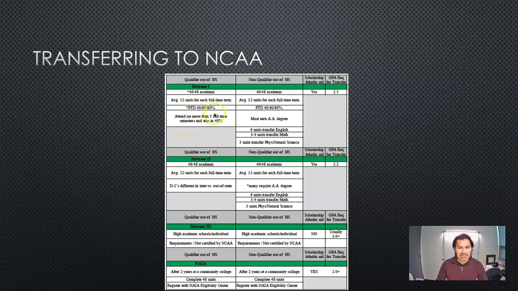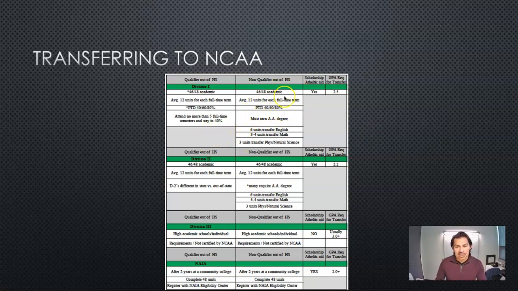Just looking at this very top portion, for the minimum qualification, if you're a qualifier, you must average 12 units for each full-time term, but you can't take more than 5 full-time semesters at the community college level.